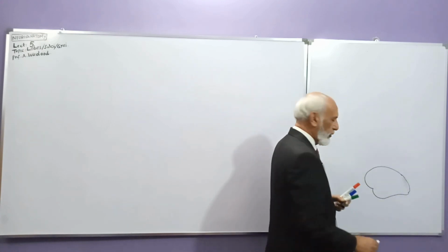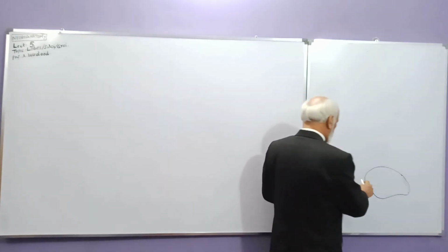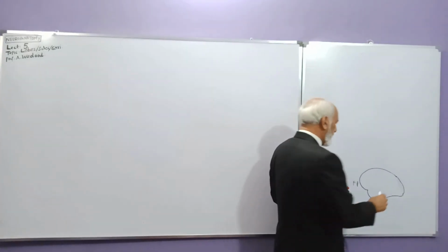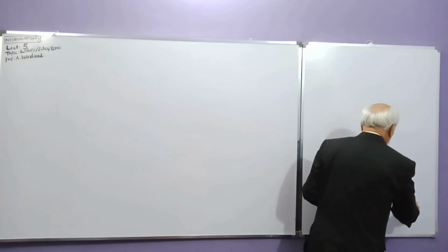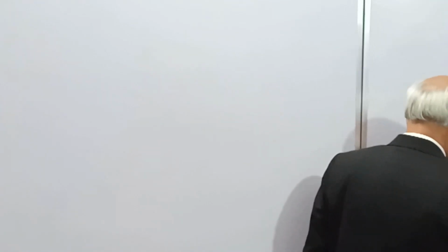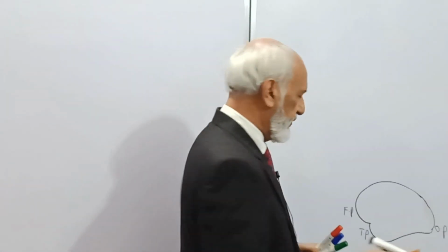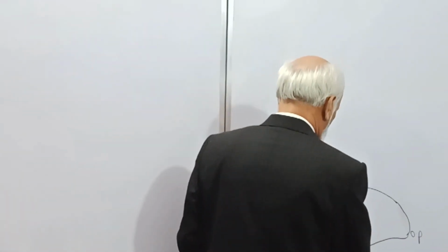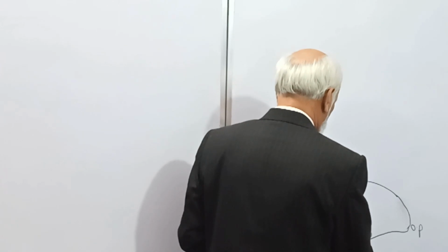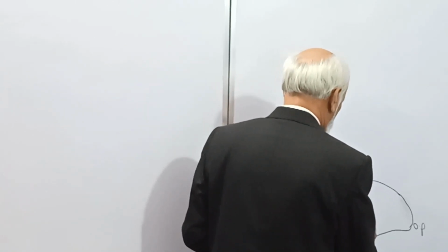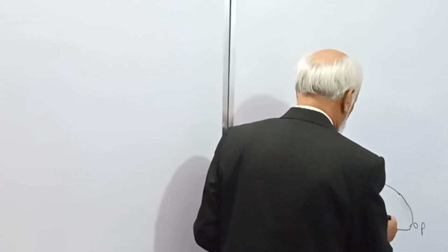Now again, the supralateral surface of the cerebral hemisphere. You know, this is the frontal pole, this is the occipital pole, and this is the temporal pole. We discuss different sulci, for example, the lateral sulcus, having a stem and 3 rami.